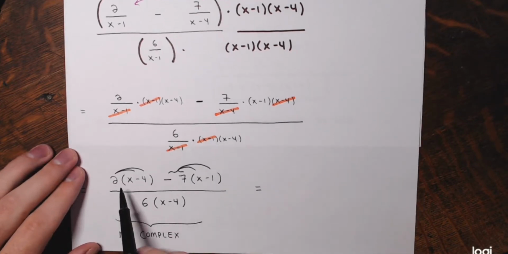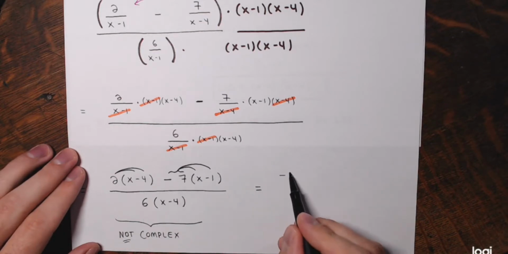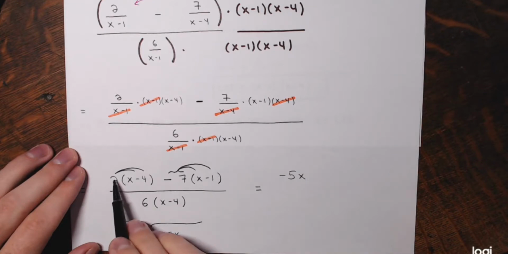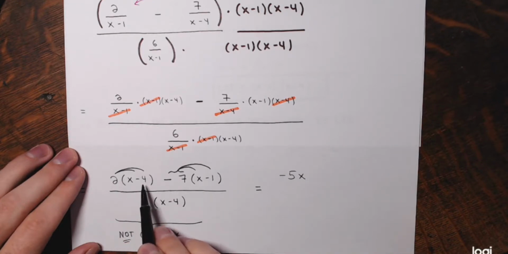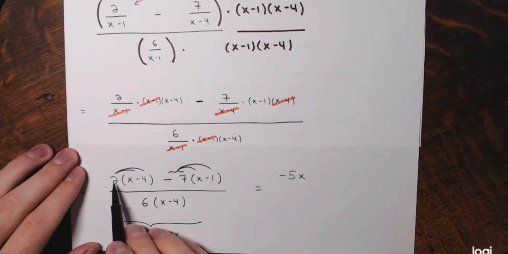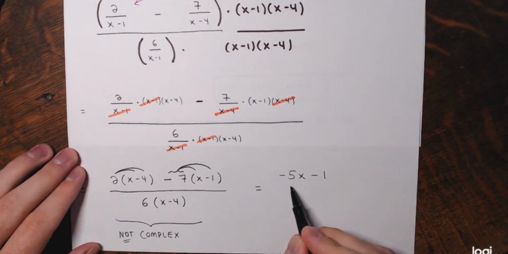Now you'd have 2x minus 7x, that'd be negative 5x when combining like terms. Then 2 times negative 4 is negative 8. Negative 7 times negative 1 is positive 7. Negative 8 plus 7 would be minus 1.